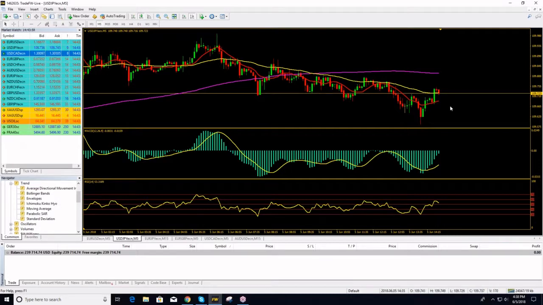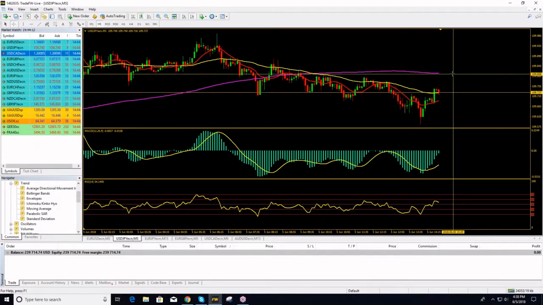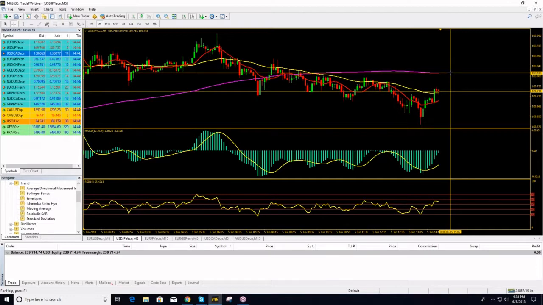I'm always trying to concentrate more probabilities when I'm trading. So for dollar yen, I want first of all the price to break above all MAs. I definitely want a close above all MAs. This means a close currently above 109.81.